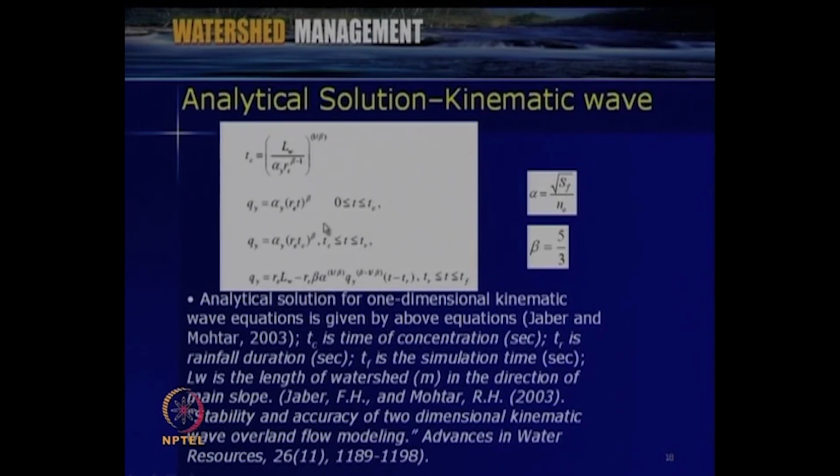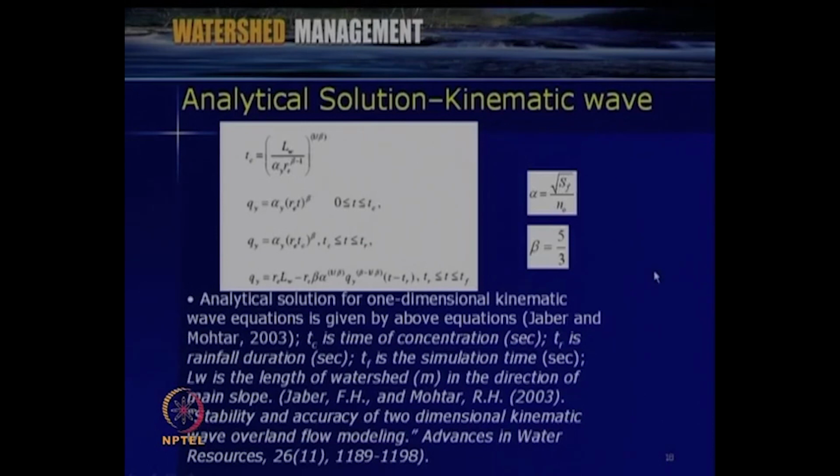An analytical solution for the 1-dimensional kinematic wave equation can be derived, but this is only suitable for very simplified problems, rectangular domains with very simple boundary conditions. Here this Q can be used to identify the flow variation, and T_c is the time of concentration, T_r is the rainfall duration, T_f is the simulation time, and L_w is the length of the watershed in the direction of main flow.